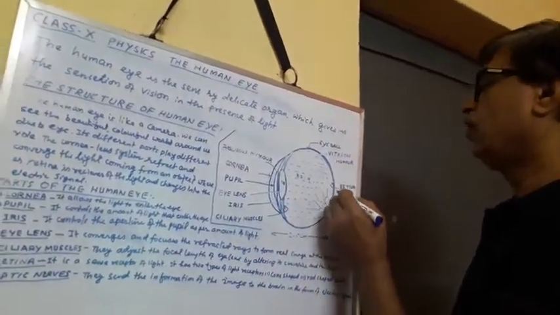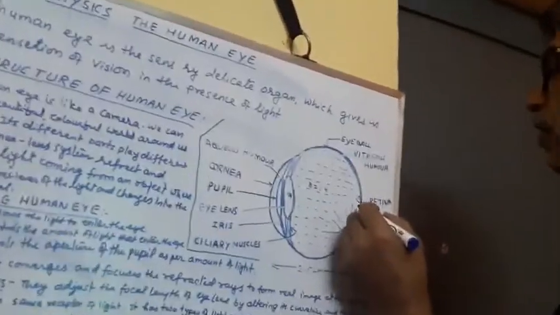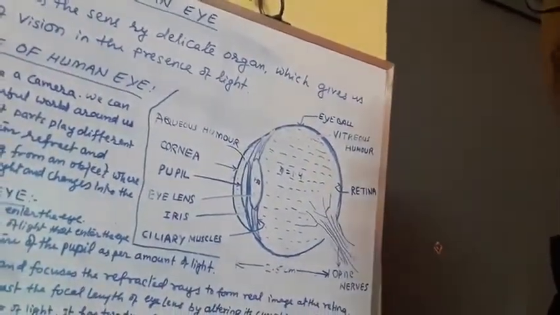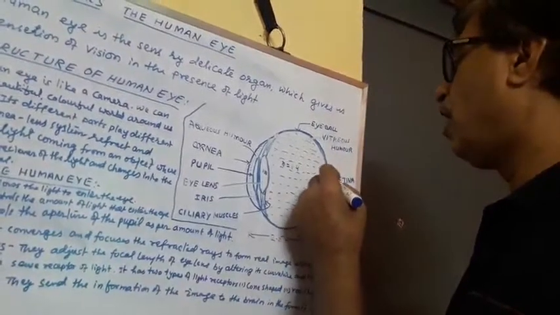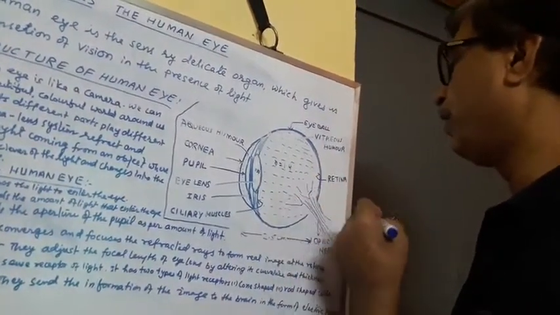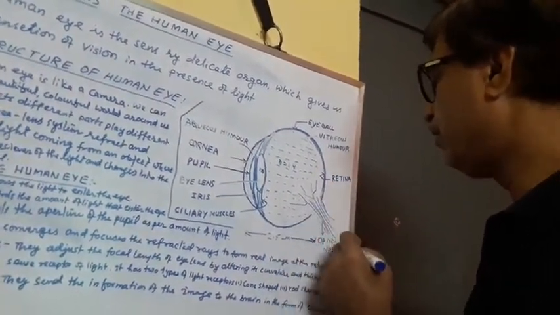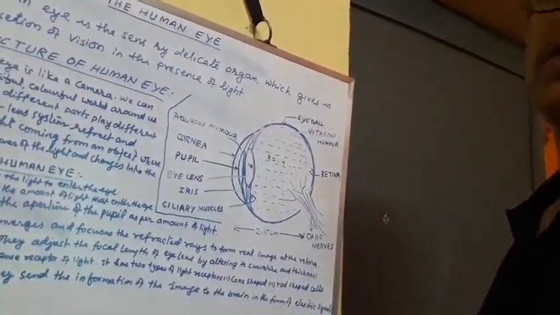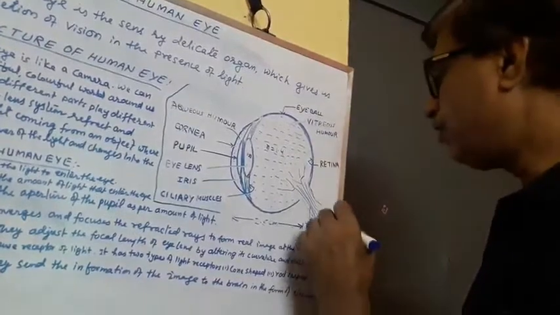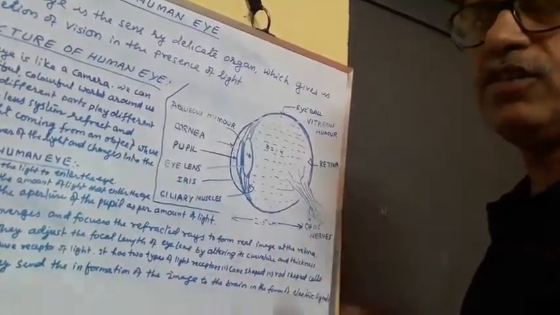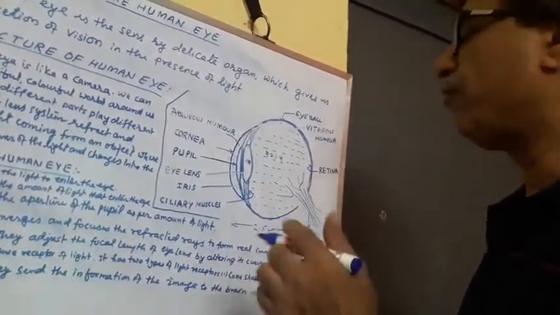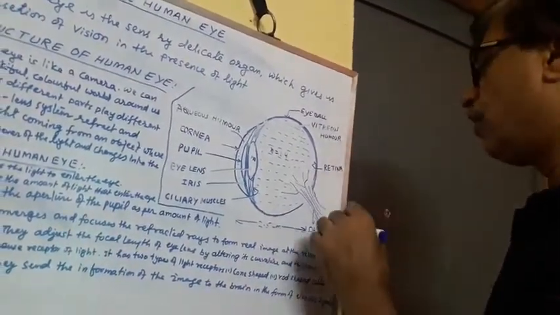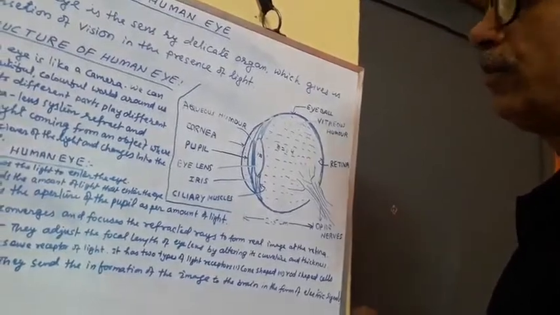Next, the image formed at the retina is converted into an electrical signal. These electrical signals are sent to the brain via the sensory nerves, which are called optic nerves. My dear students, optic means light. These nerves are messengers to carry the information of the image formed at the retina to the brain, that is why they are called the optic nerves.